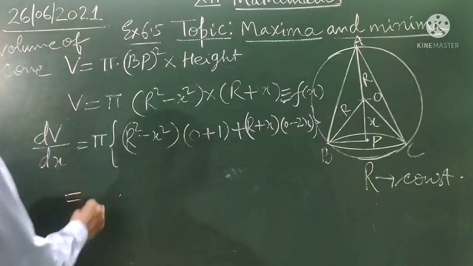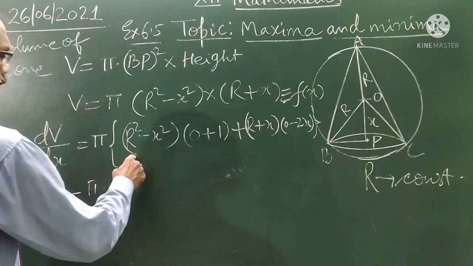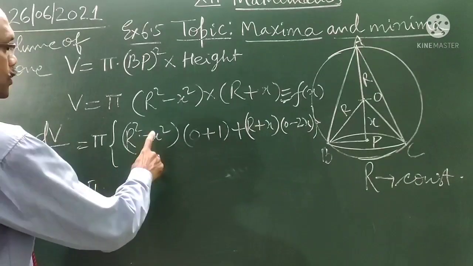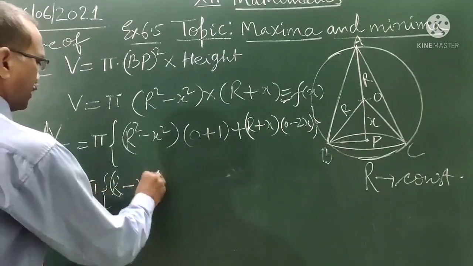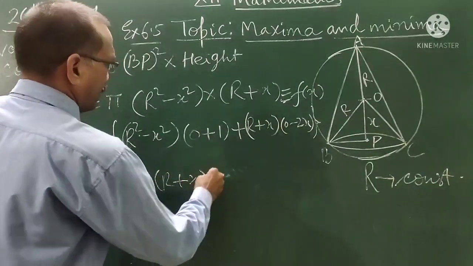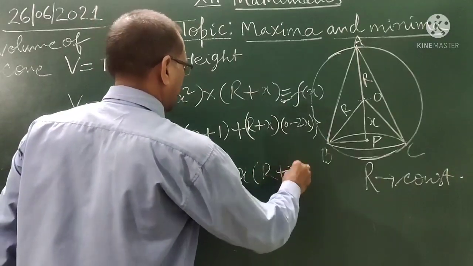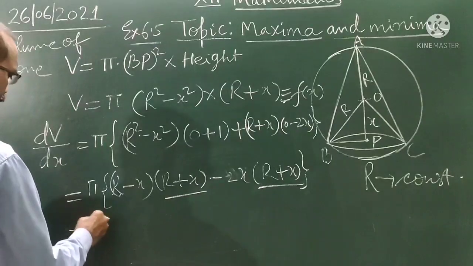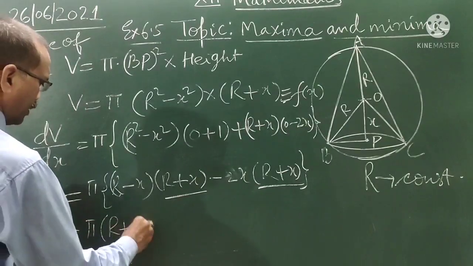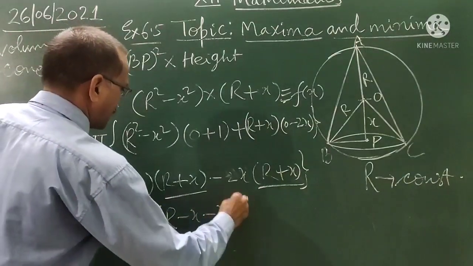Now, we will factorize this. Pi into, it is (R minus X) into (R plus X) minus 2X into (R plus X). Since R plus X is common, it is R minus X minus 2X.